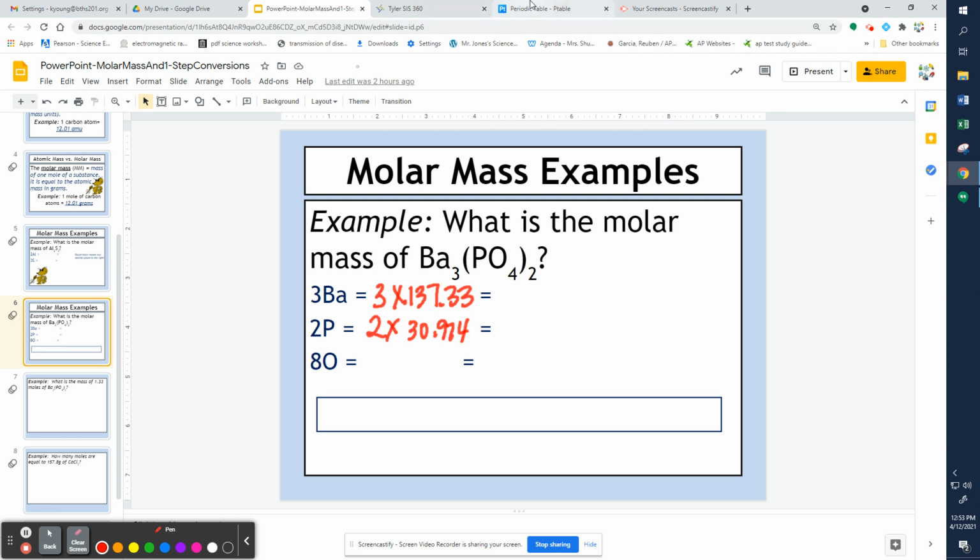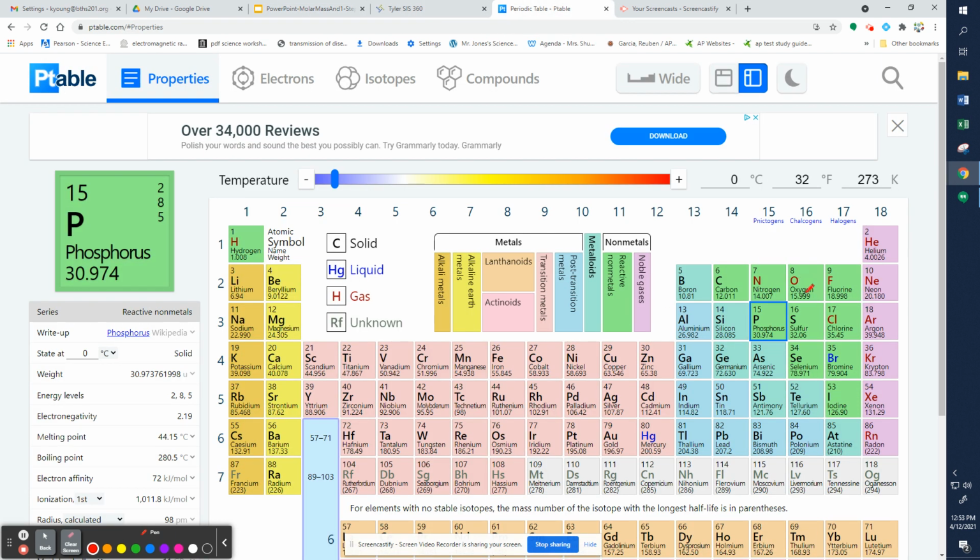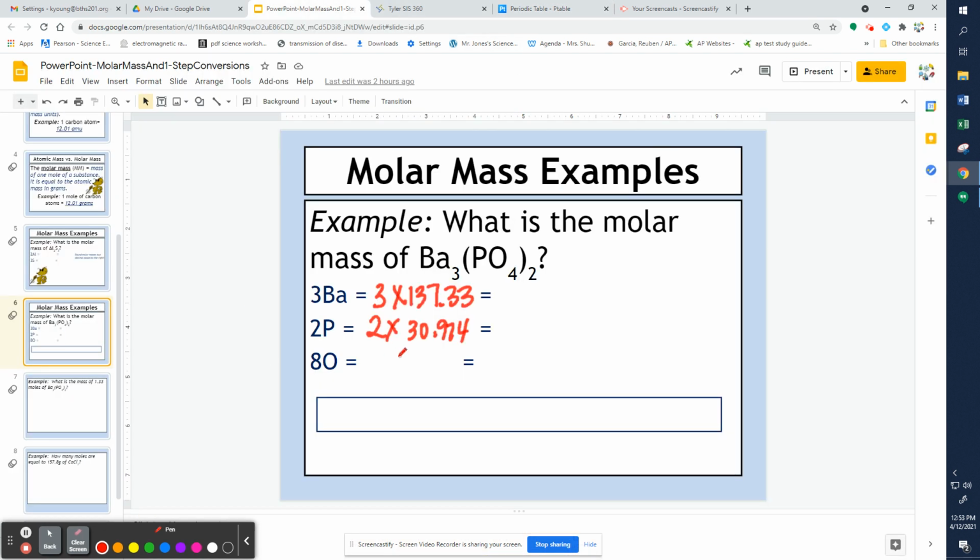And for oxygen, I have 8 times 15, well, 16 after we rounded. So 8 times 16.00. Go ahead and use my calculator to multiply those and then add them together.